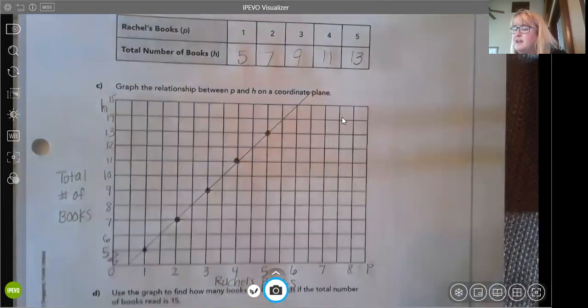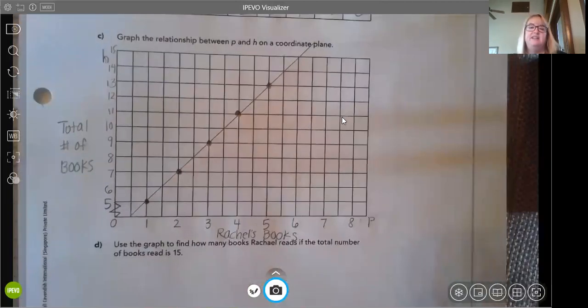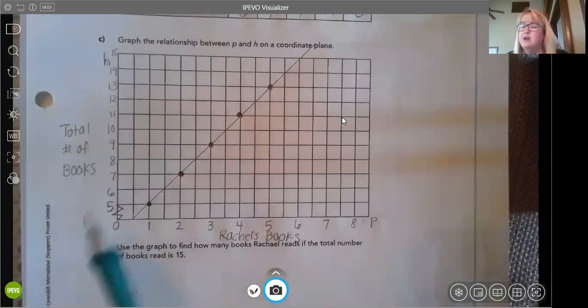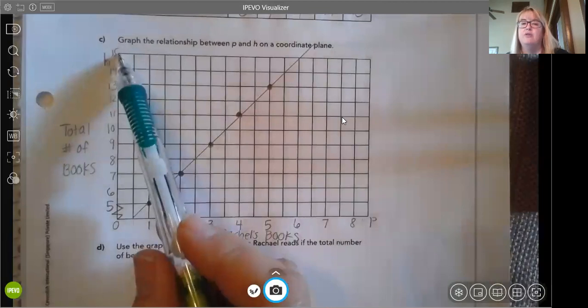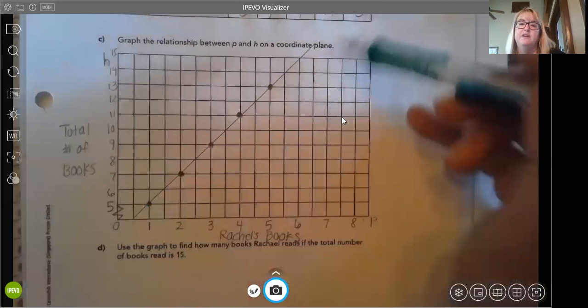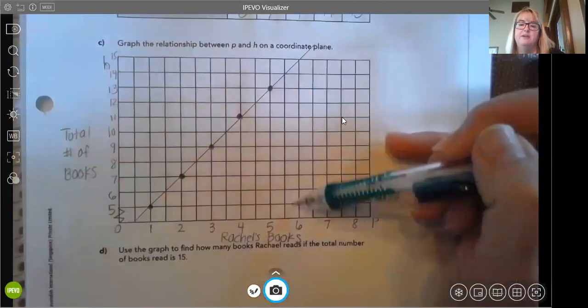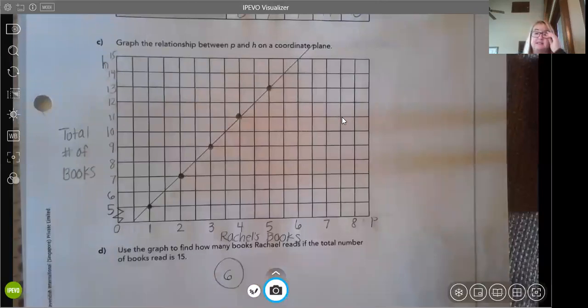Use the graph to find out how many books Rachel read if the total number of books read is 15. So I need to go total of 15. Wow, we barely got it. Here's the total of 15. We're going to go over and go down to figure out how many books Rachel read. Well, Rachel read 6.